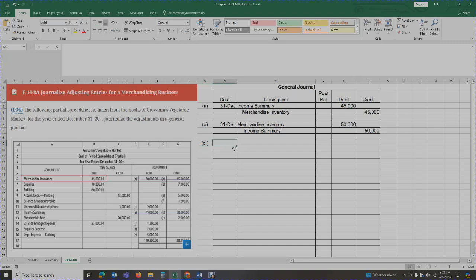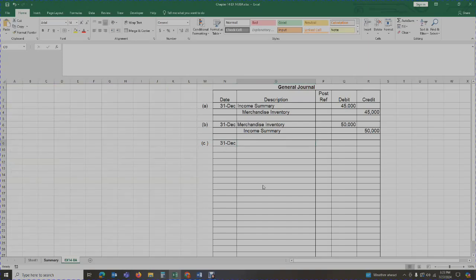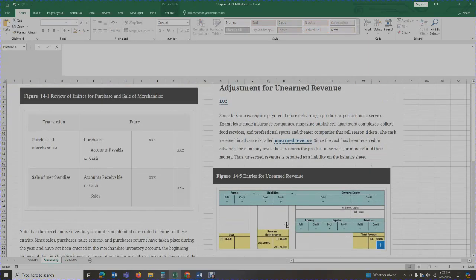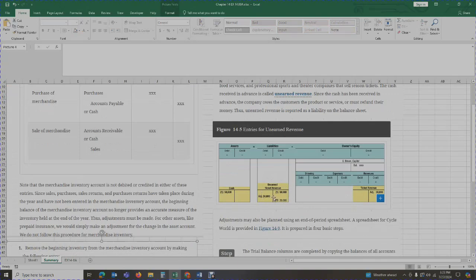So what's going to happen with my unearned membership? If we recall, whenever we are making an adjustment, we debit the unearned revenue account and we credit the revenue account. That's on figure 14.5.